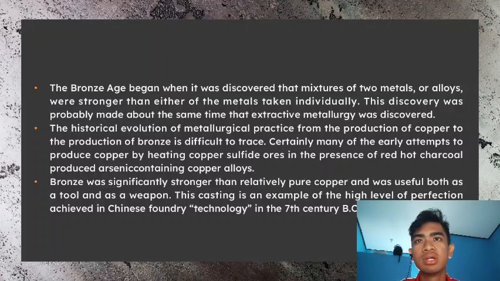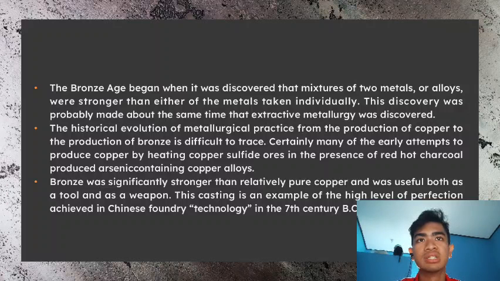Mankind now had a metallic alloy that could be cast or forged to shape. Bronze was significantly stronger than relatively pure copper and was useful both as a tool and as a weapon. This instrument is an example of the high level of perfection achieved in Chinese foundry technology in the 7th century BC.